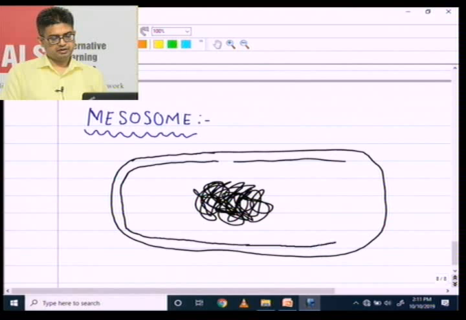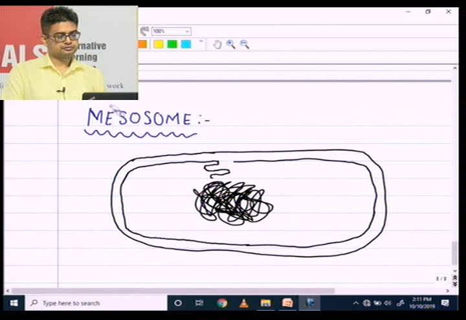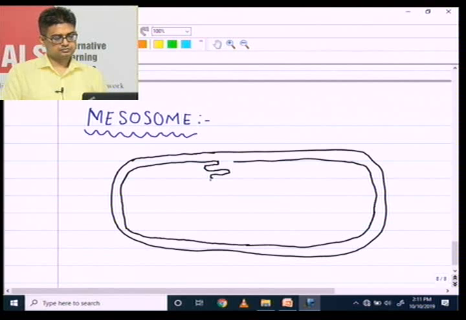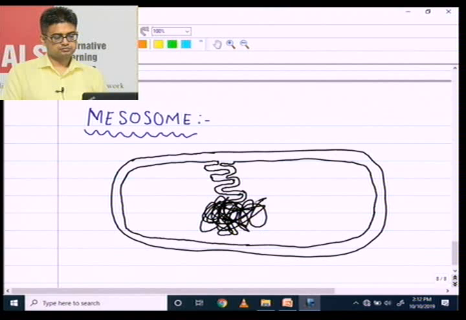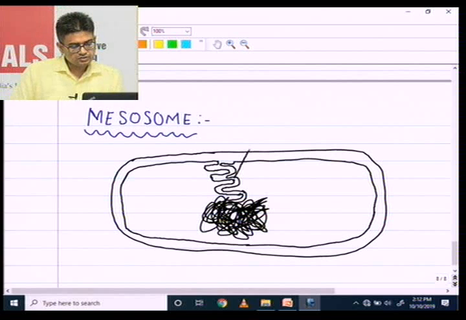And this is the mesosome. So this structure is the mesosome.